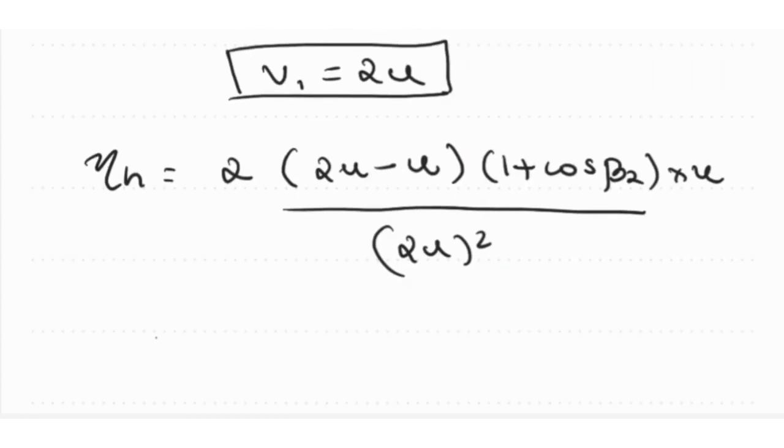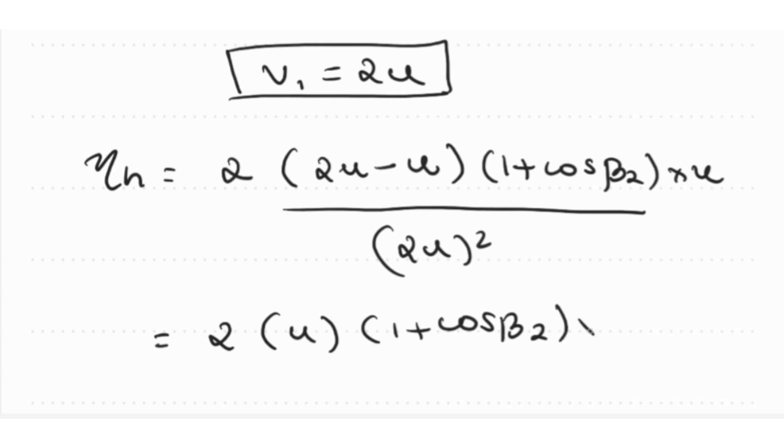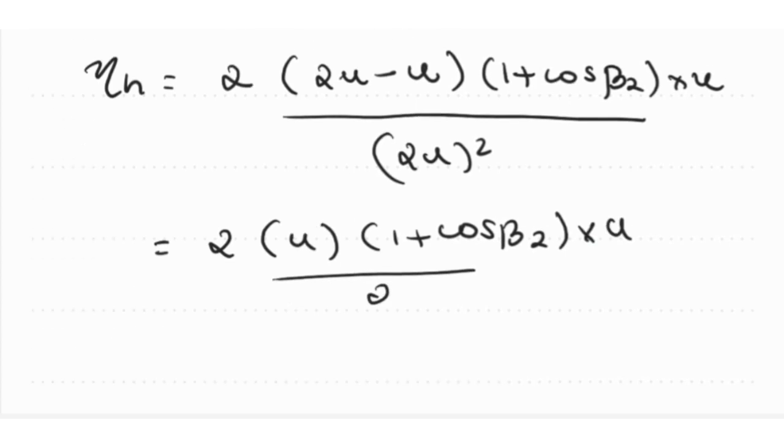So you should solve it. Here 2 into (2U minus U) is U, into (1 plus cos beta 2) into U, divided by 2 into U square, that is 4U square.